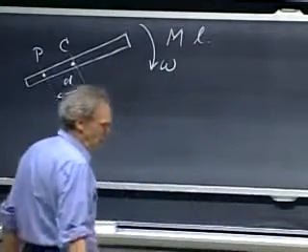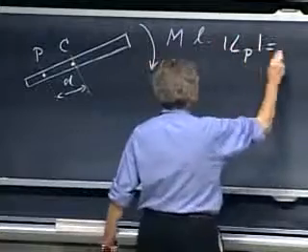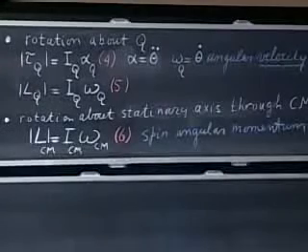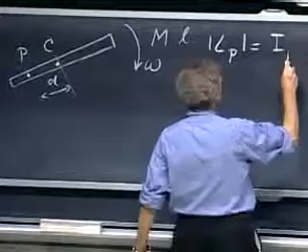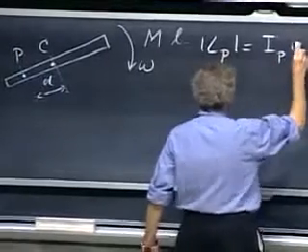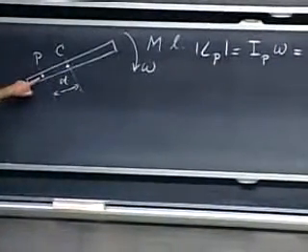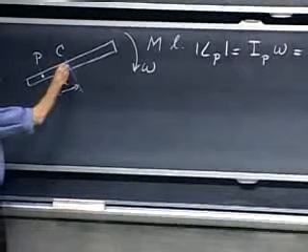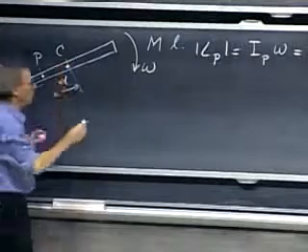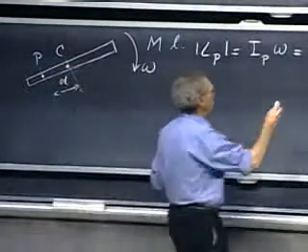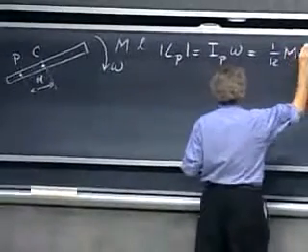I'd like to know what the magnitude is of the angular momentum relative to point P. And for that, I go immediately to equation 5. That tells me that it is the moment of inertia about that axis through point P times omega. I remember the parallel axis theorem. I know that the moment of inertia for rotation about the center of mass through this axis perpendicular to the blackboard equals 1/12 mL squared.